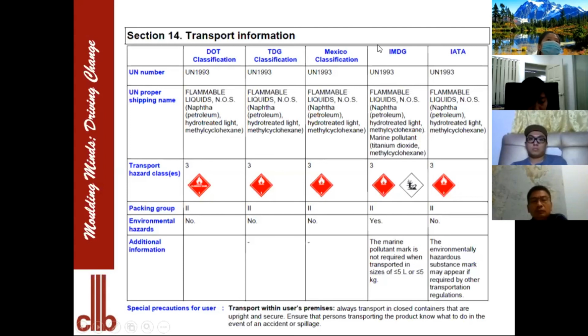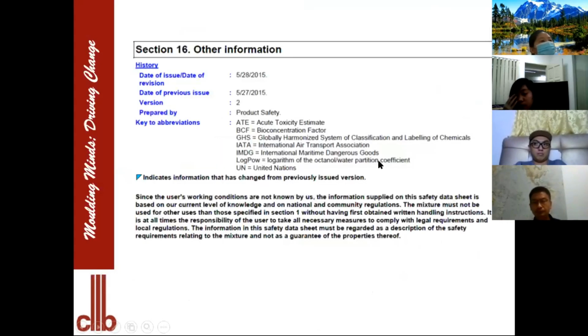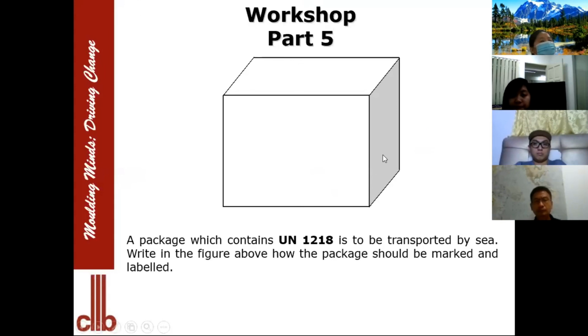Here we will look at the UN number and the PSN, and when the PSN is an NOS, we will be looking at the technical name of the substance. And since it's a class 3, we will then go to section 9 to determine the flash point, because that is what we would have to declare of the substance. So that pretty much tells you about the safety data sheet.